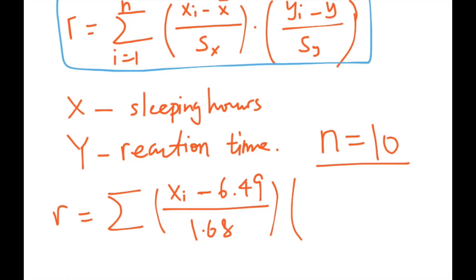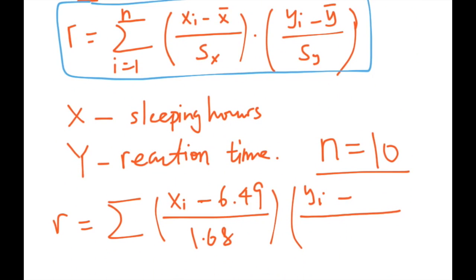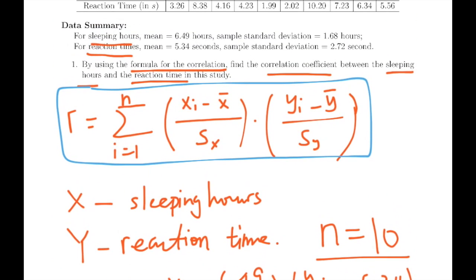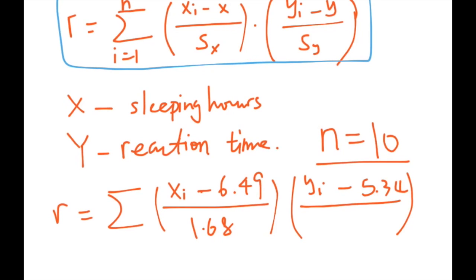And then for the reaction time, the average reaction time is equal to 5.34, and the standard deviation of the reaction time is 2.72 seconds. And we sum from 1 to 10.